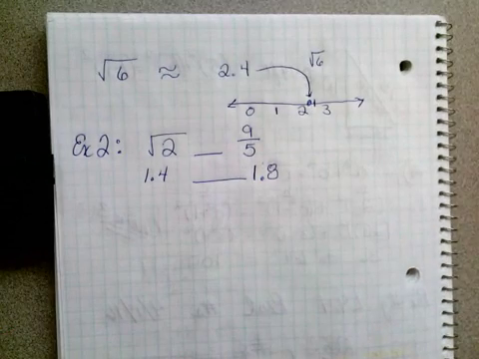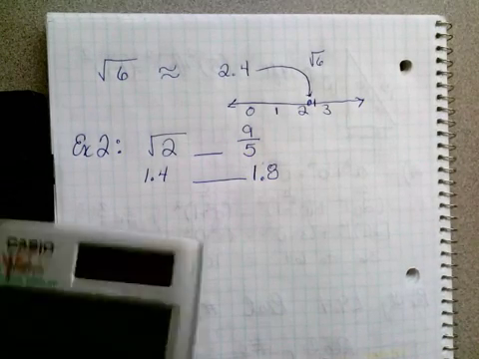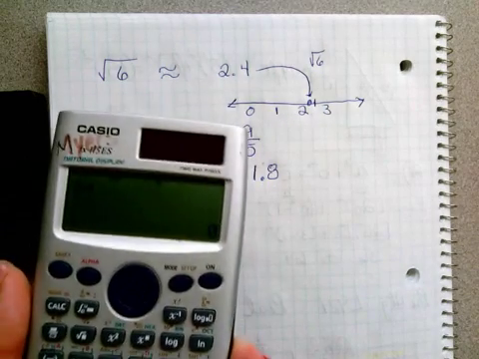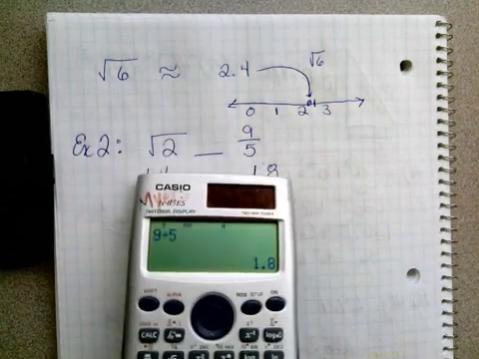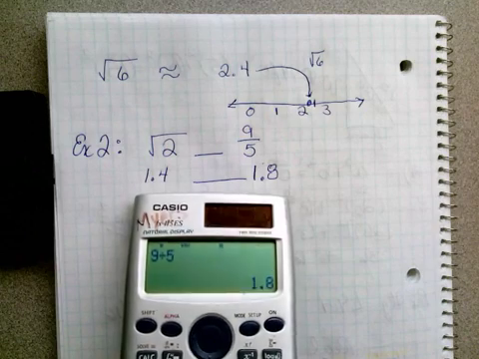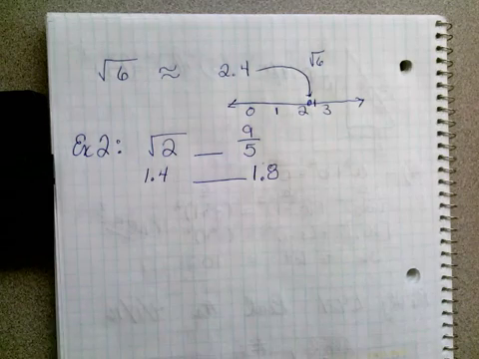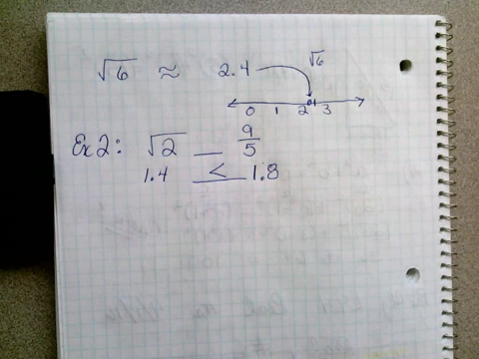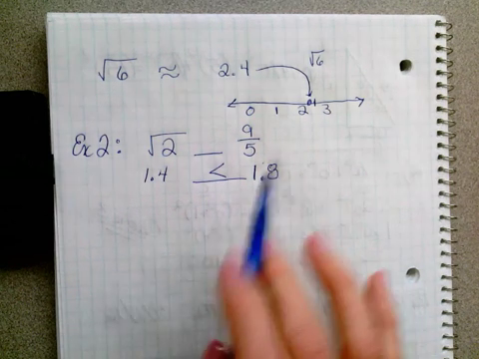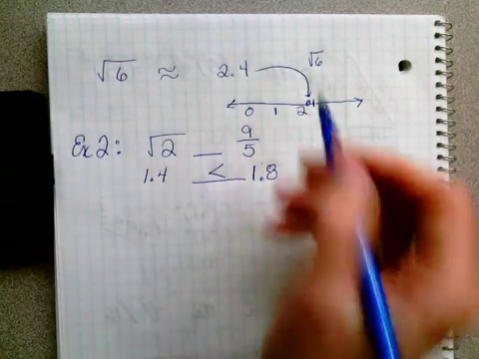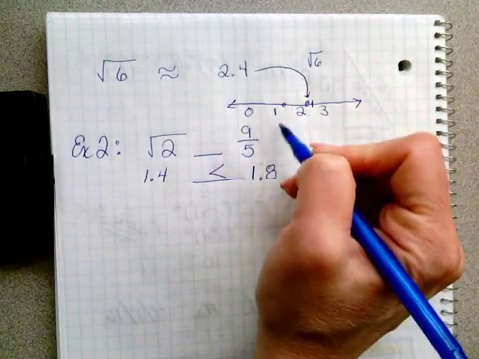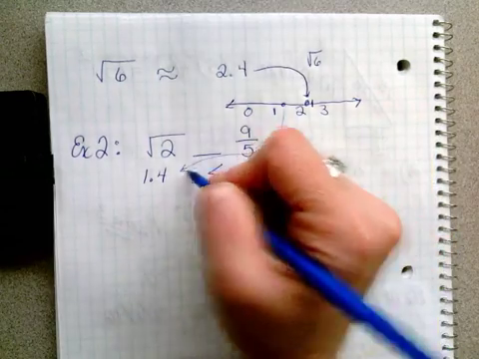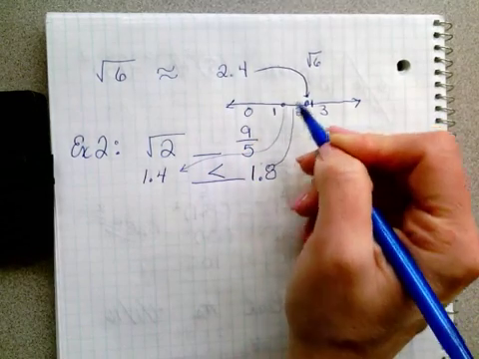If you can't figure that out, you could plug it in. And 9 divided by 5 gives you that. Okay, but I just knew that it's 1 and 4/5, and 4/5 is 8/10. That's bigger. Okay? That's bigger. If they asked you to graph it, you could graph it. You would say 1.4 is about here. 1.8 is about there.